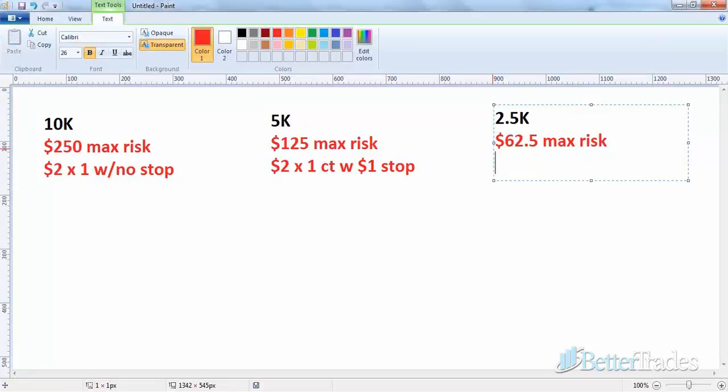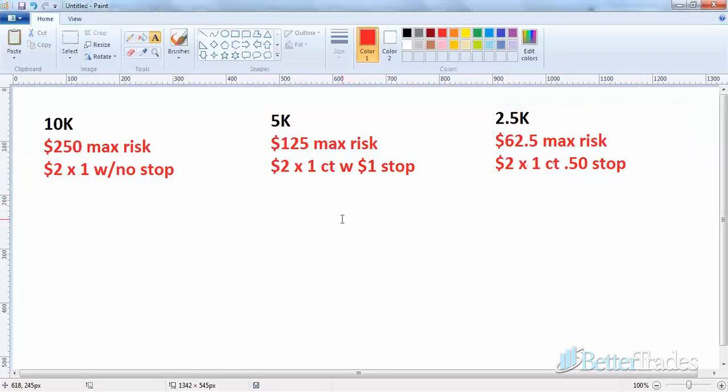Which is a $2 contract times 1 with a 50-cent stop. Now you'll notice that each one of these still provides some cushion to absorb the bid by ask. So $62.50, that's a $2 contract with a 50-cent stop.